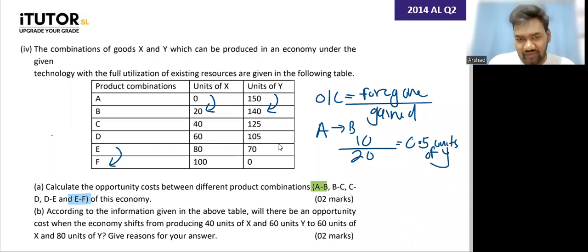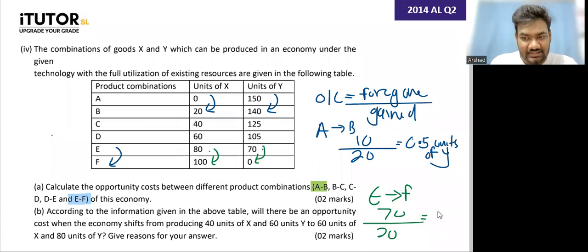At point E, you're producing 80 X, 71 Y. When you go from E to F, you're sacrificing 70 units of Y, foregone 70, gaining 20 units of X. So 70 divided by 20, you get 3.5 units of Y. That is your opportunity cost.